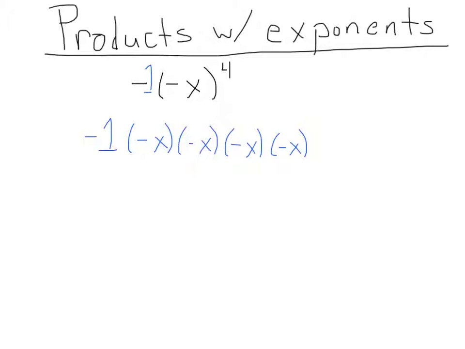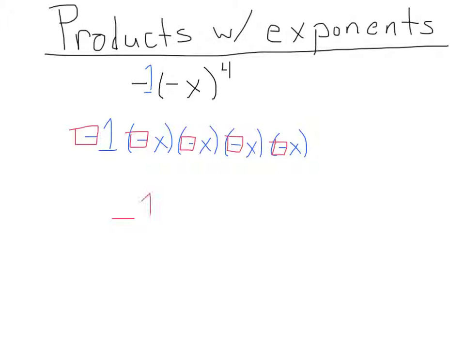To figure out what our product is, we're going to go through and figure out our signs. So a negative times a negative is a positive, and then we have times a negative giving us a negative times a negative giving us a positive. So we have 4 negatives, so we're at a positive. Now we have times 1 more negative, which is going to give us a negative answer.